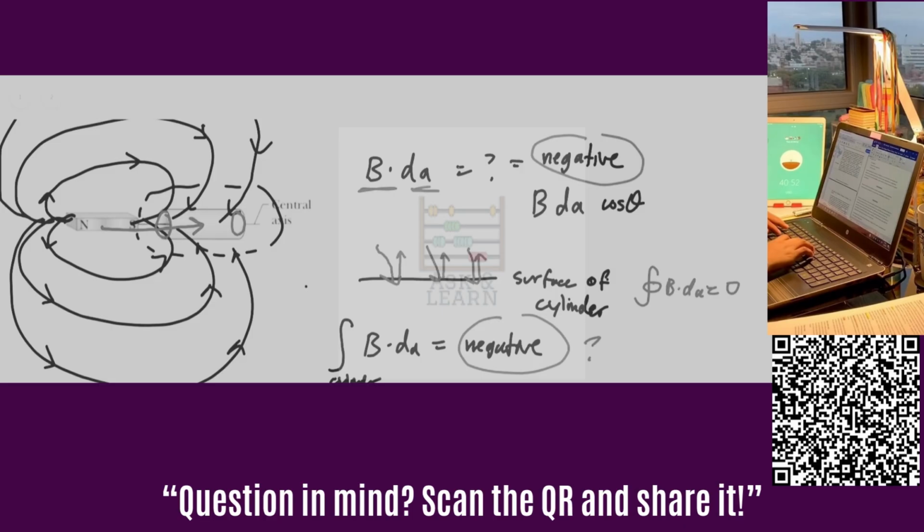So in that case, the B dot dA would not be just negative for every surface. So in other words, for this particular scenario, there is no contradiction between our result for B dot dA of the surface and Gauss's law of flux for magnetic fields in general.